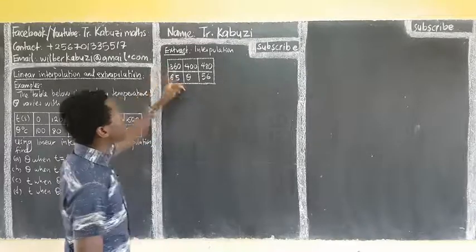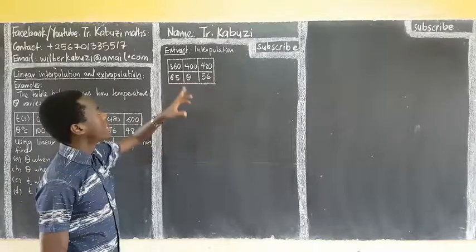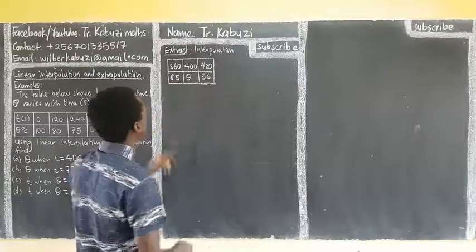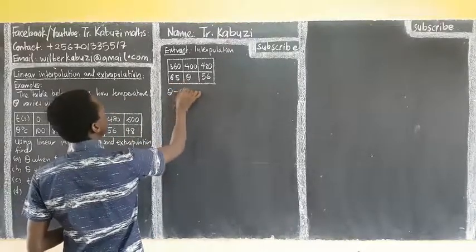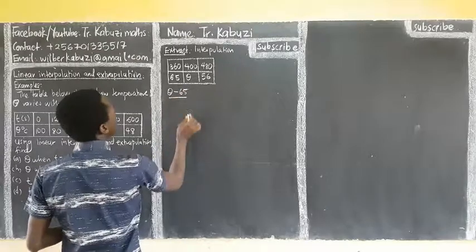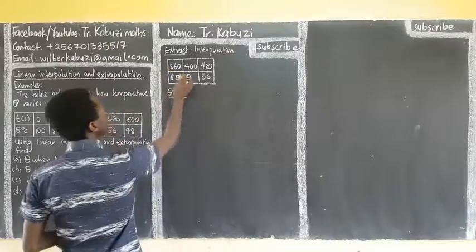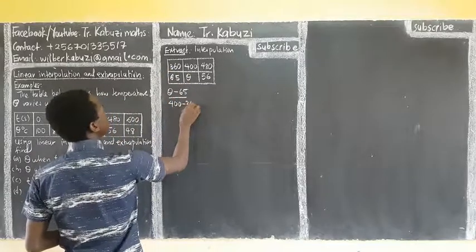Then we take a set of the one with one unknown, and then we also take these two which are having unknowns. So we say theta minus 65 over 400 minus 360.